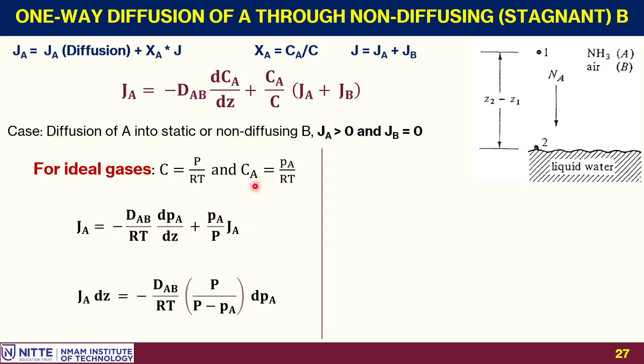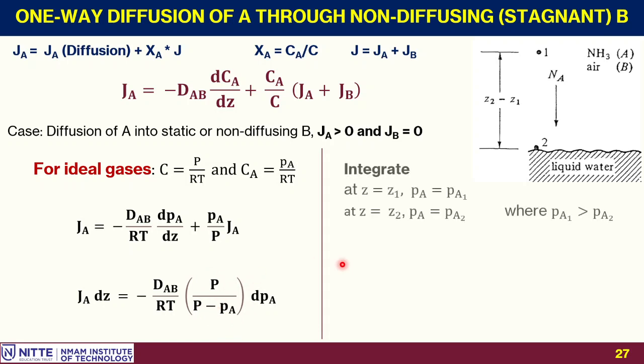Now simplifying this equation, because I need to do the integration, I'll take this term to the other side. So when I simplify this, I get J dz. I'll take dz to the other side, minus DAB by RT dPA. The term which has gone to the other side, when I simplify this, I get P by P minus PA here. So I'll write it on this side.